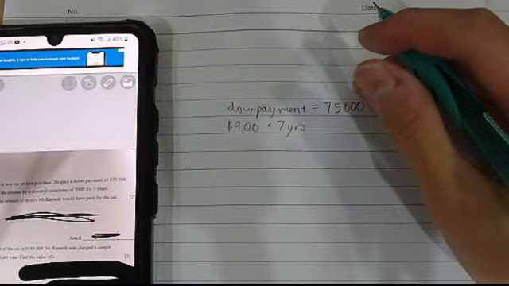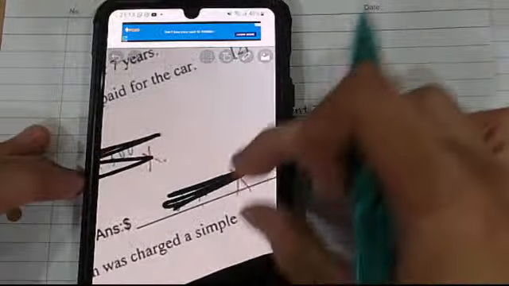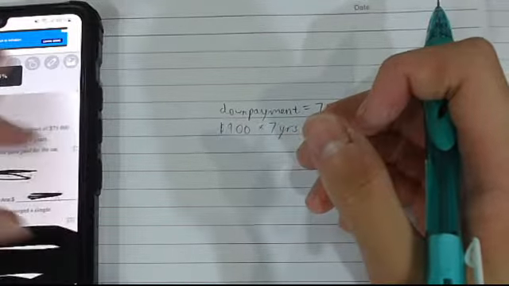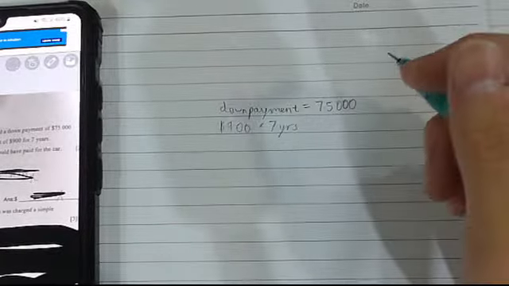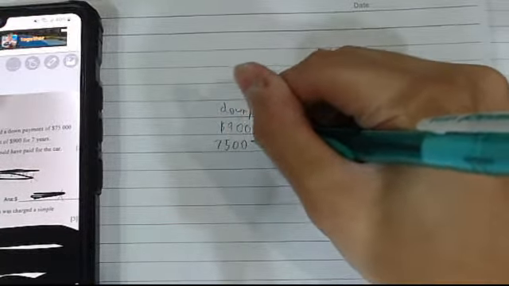Bro, you got this wrong. How do you get this wrong? Dude, this is just the 75,000 down payment, plus monthly installments.